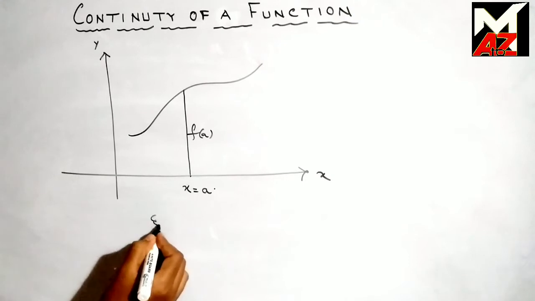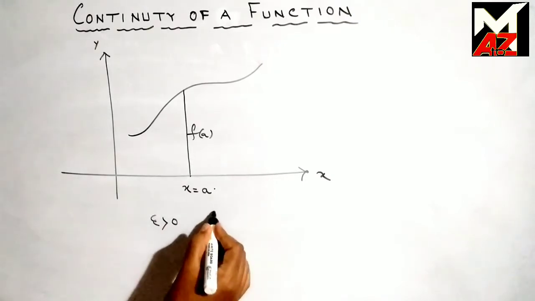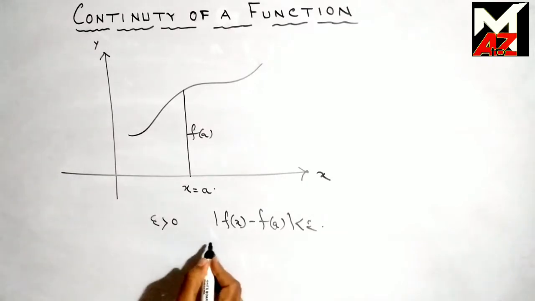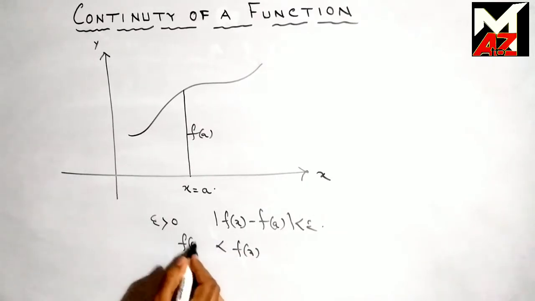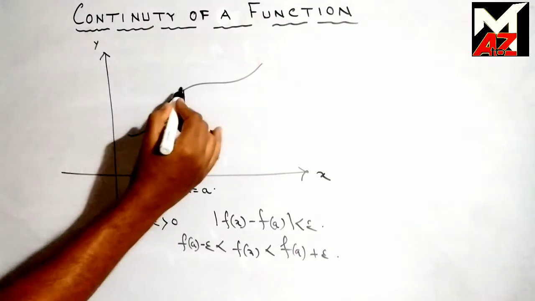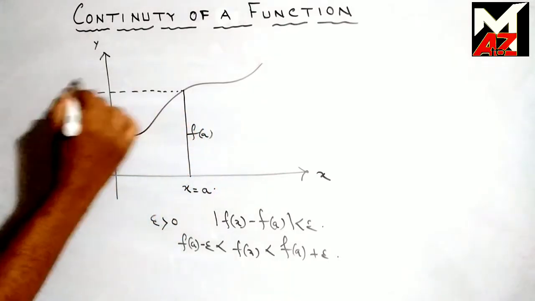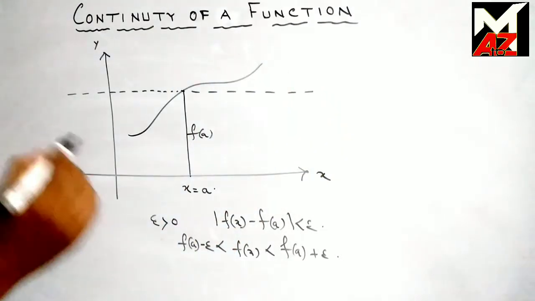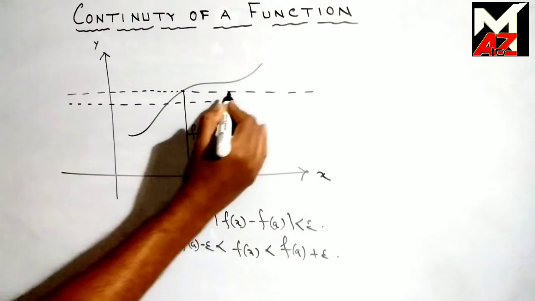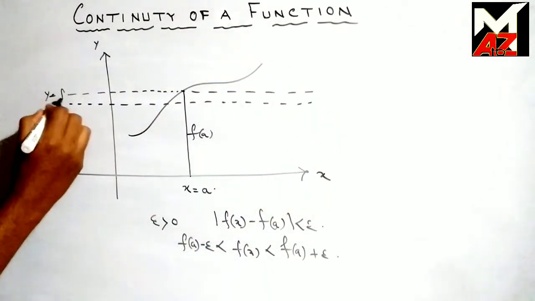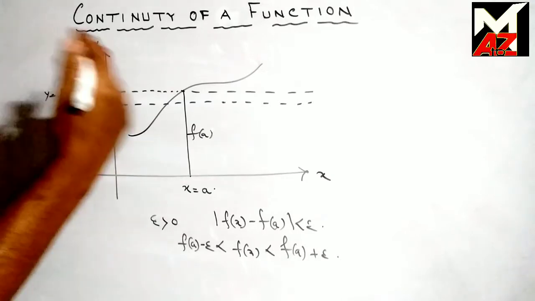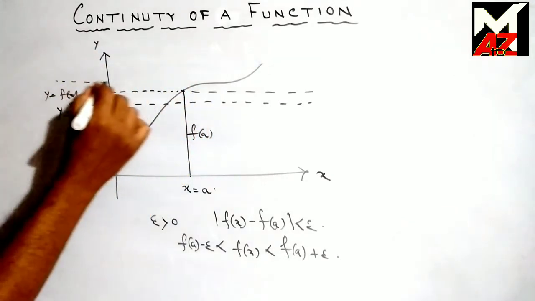Then mod f x minus f a less than epsilon means f x lies between f a minus epsilon and f a plus epsilon. This line is y equal to f of a, and this is y equal to f of a minus epsilon, and on the same length on the upper side, this is y equal to f of a plus epsilon.